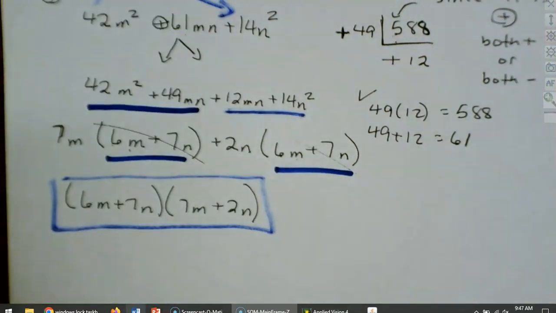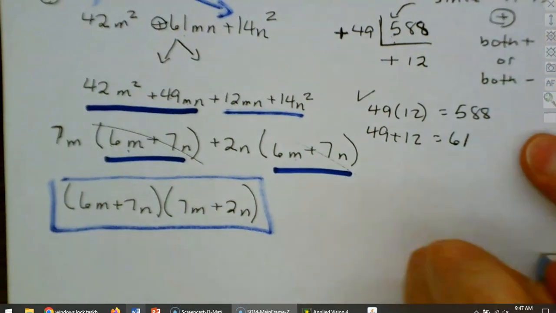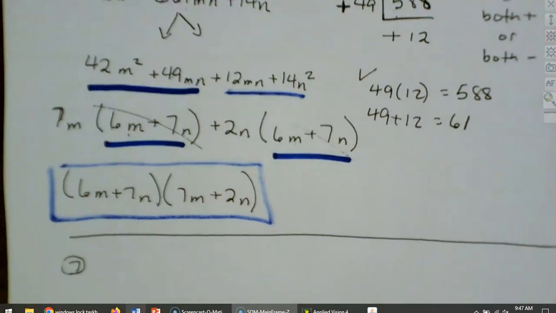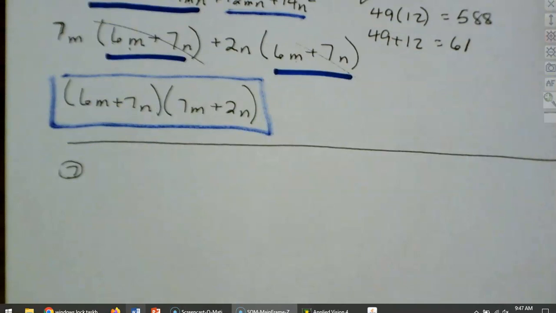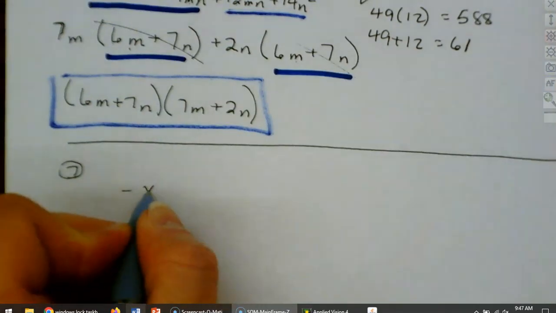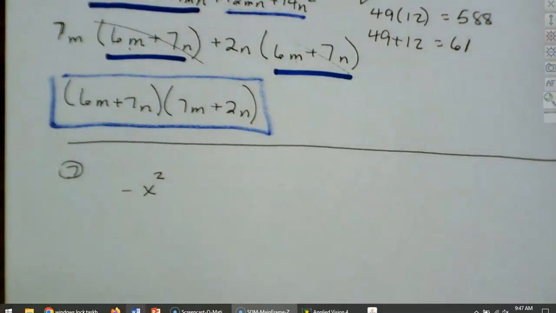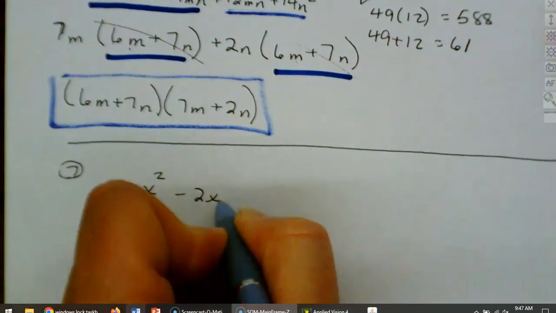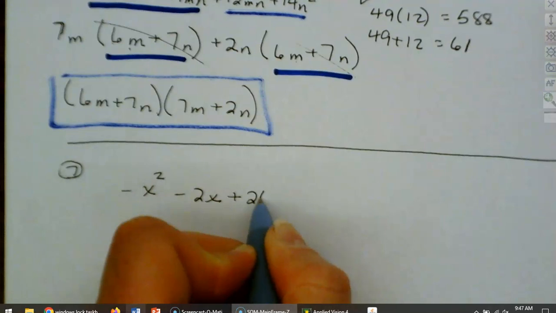Next, let's look at question 7. Question 7 is a little bit different, and it's actually a little bit easier. And question 7 is a negative x squared minus 2x plus 24.